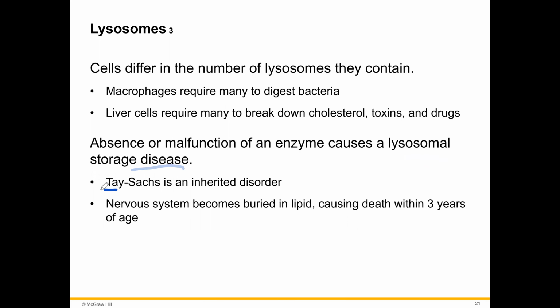For example, Tay-Sachs, that's an inherited disorder. The nervous system becomes buried in lipids, causing death within 3 years of age. So you build up so many lipids inside your brain, and you don't have lysosomes to break down these lipids, and the brain stops functioning because it's just covered in fat.